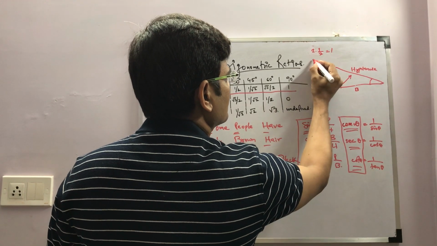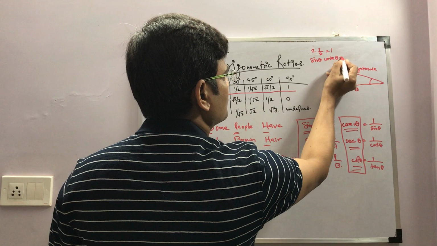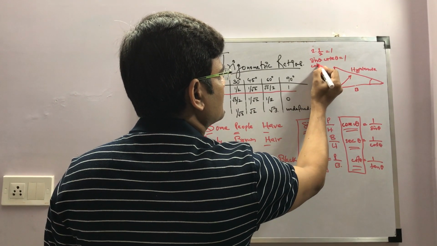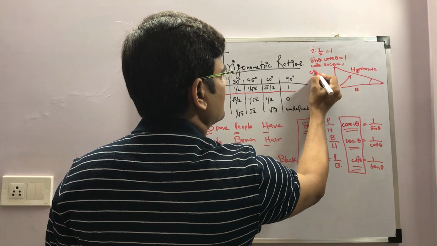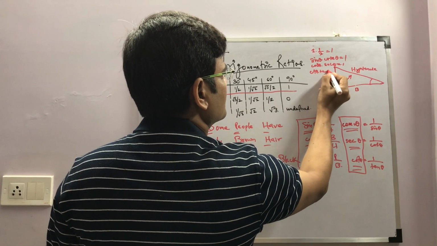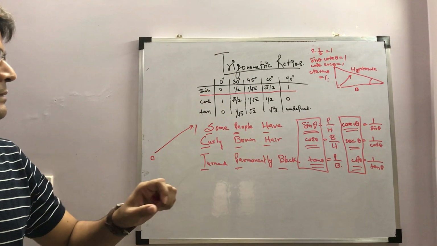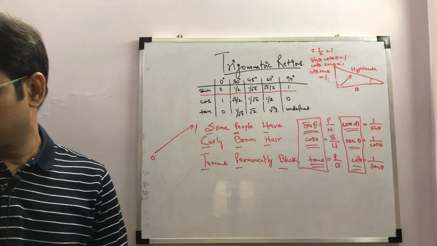That is why sin theta into cosec theta is 1, cos theta into sec theta is 1, and cot theta into tan theta is 1, because they are reciprocals. Good so far? Now let's resolve some simple problems.